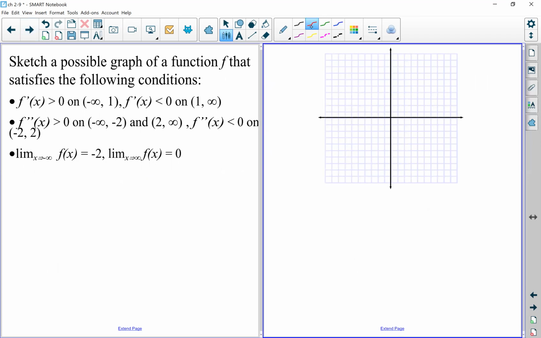So I'm actually going to start at the bottom. I know that as I go to negative infinity, I go to a value of -2. So that's a horizontal asymptote. And as I go to positive infinity, I go to a value of 0. Another horizontal asymptote.